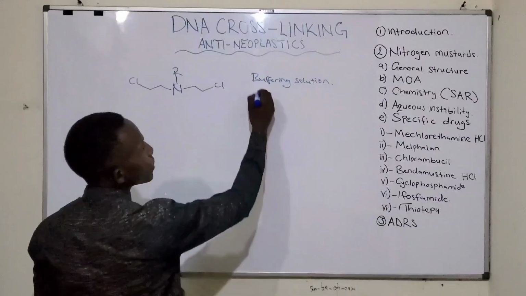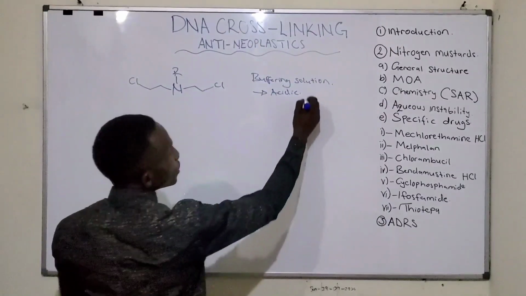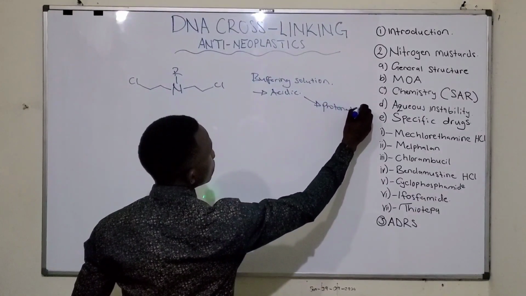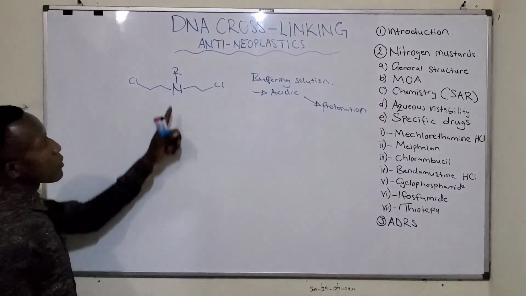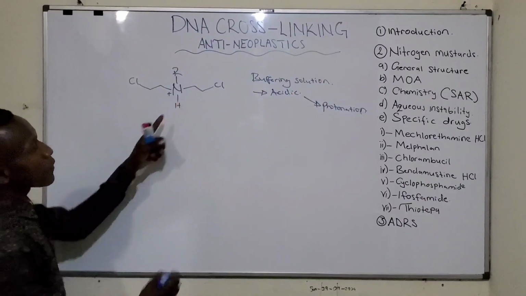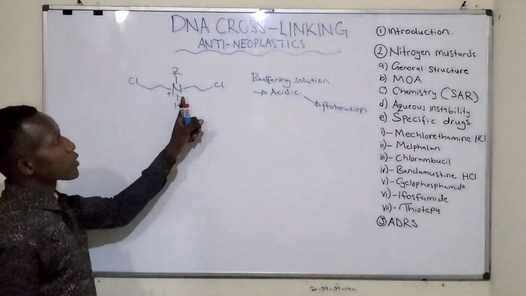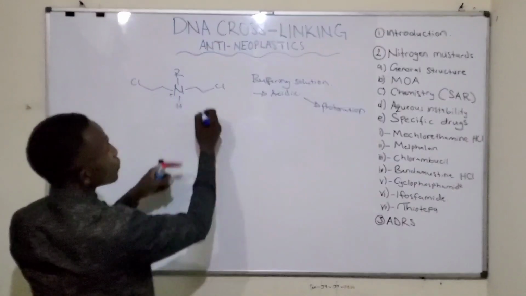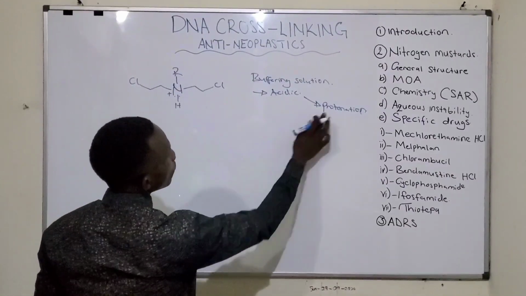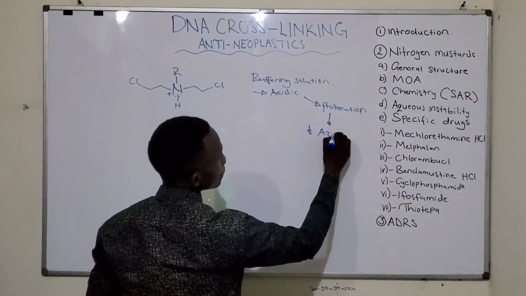The buffering solution is made to be acidic, such that if there is an acid, we shall have the protonation. For example, this drug will exist as an ion, like this. This reduces the formation of the aziridine cation because there is no lone pair of electrons to attack this carbon. So this reduces the reactivity of the drug.